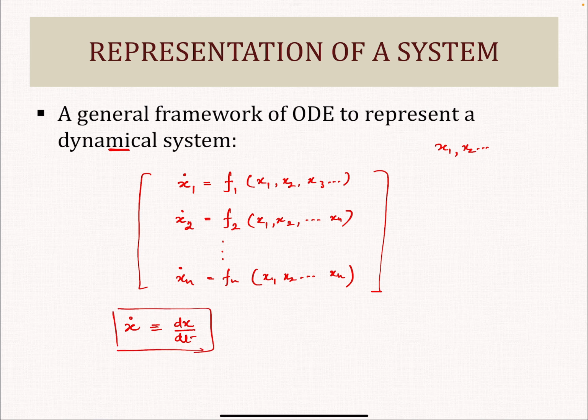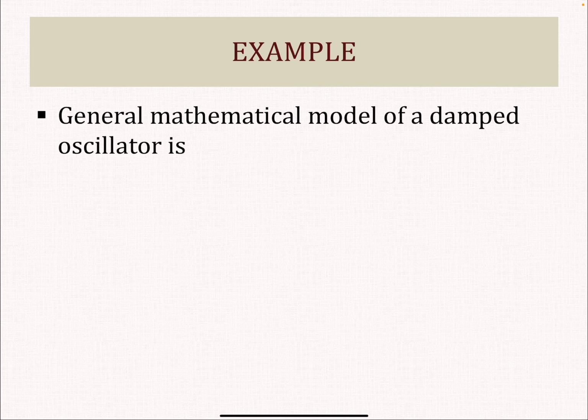So there may be many types of systems like chemical systems, population biology, some ecosystems, or maybe velocities of planets in the solar system, and a lot of other examples. Now we will take one example from a mechanical system, the damped oscillator.